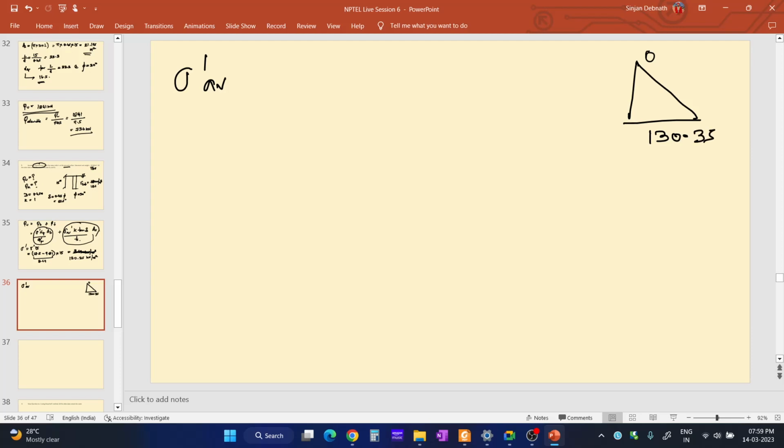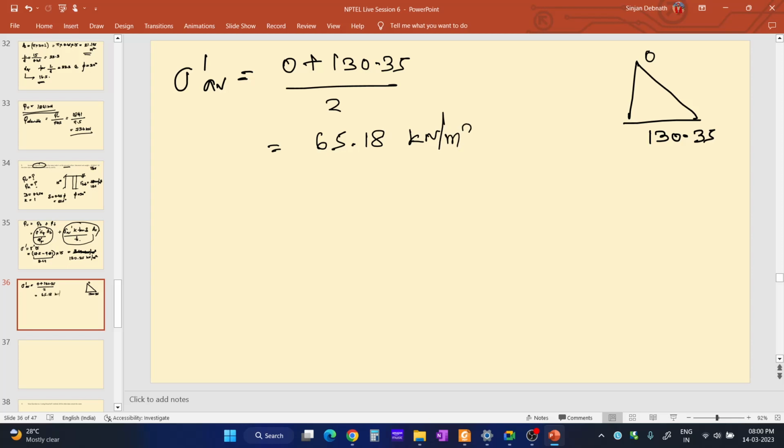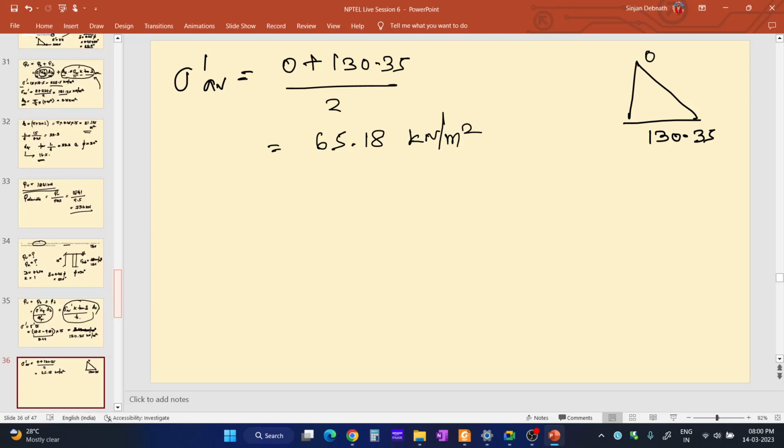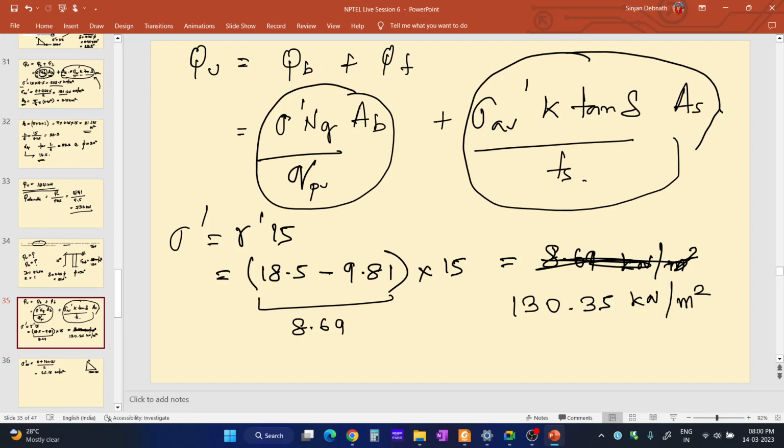So that means the average effective overburden pressure will be 0 plus 130.35 by 2. It comes out to be 65.18 kilonewton per meter square, right? So now if you just substitute the values of all the parameters into this equation, you will get the answer.